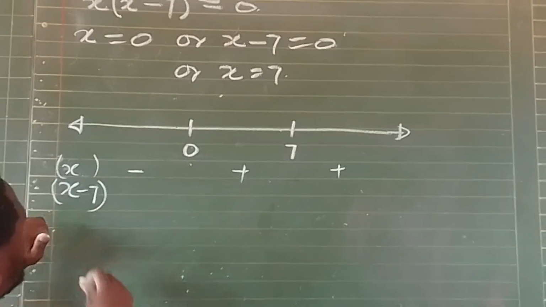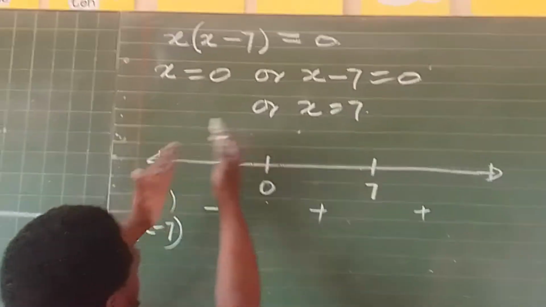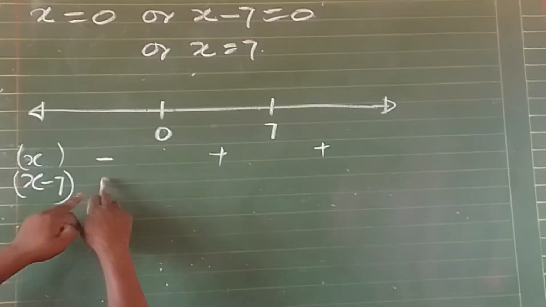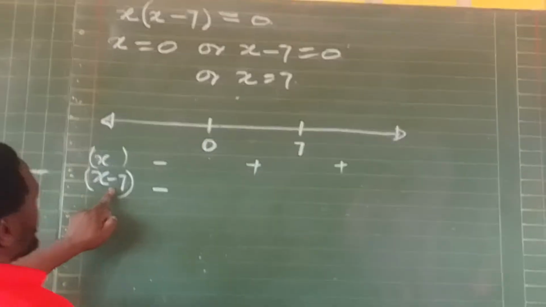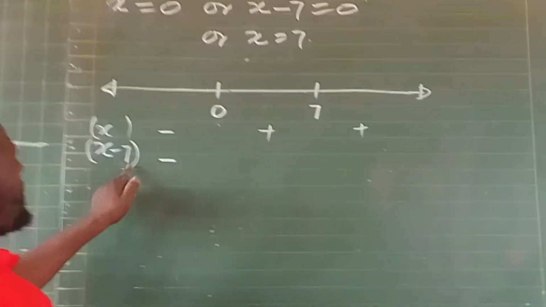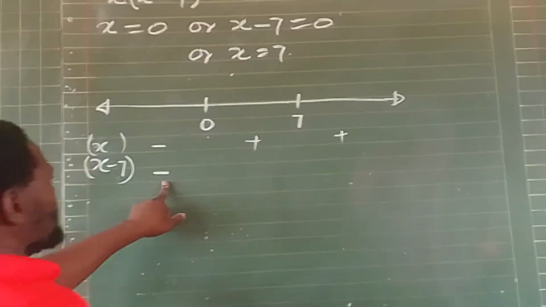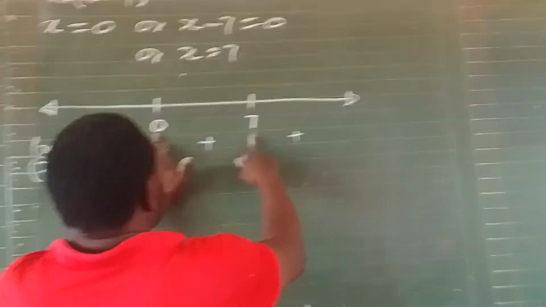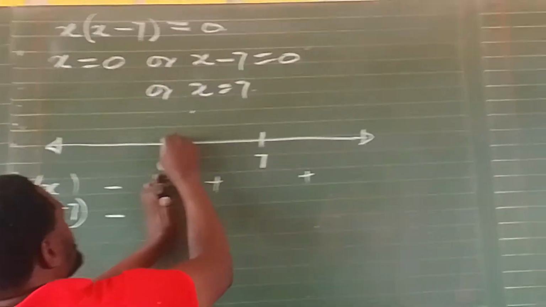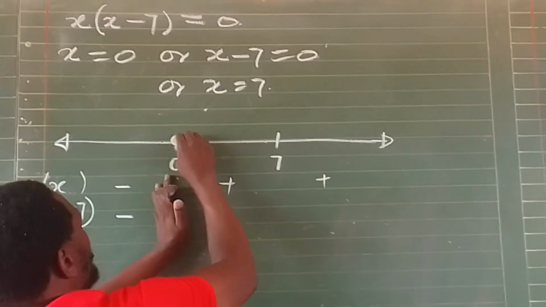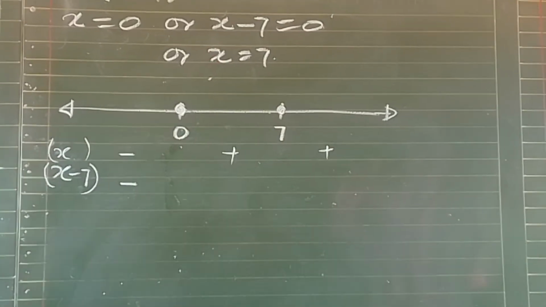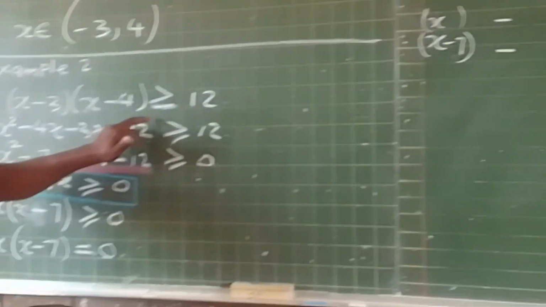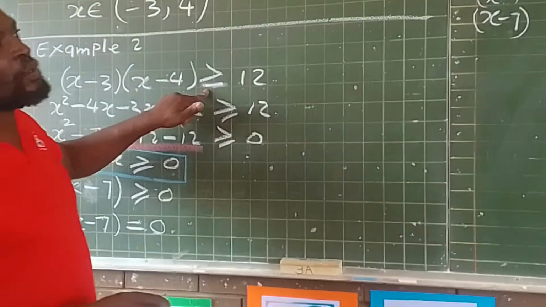You come to this one. You take any number before 0, say minus 1. Minus 1 minus 7 is minus 8. Your minus 8 is negative. Take a number between 0 and 7. Remember, this is inclusive now, because of this side, greater or equal to.